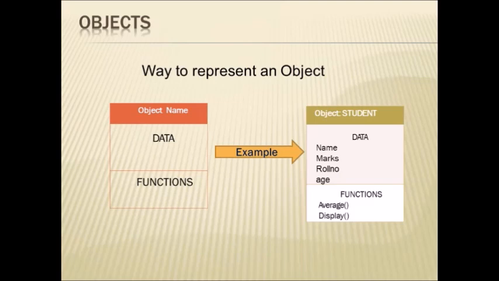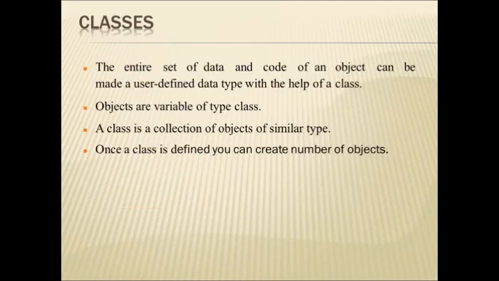So the object consists of two properties, state and behavior. And next, how these objects are represented. These objects are represented by using a special user-defined data type called class.